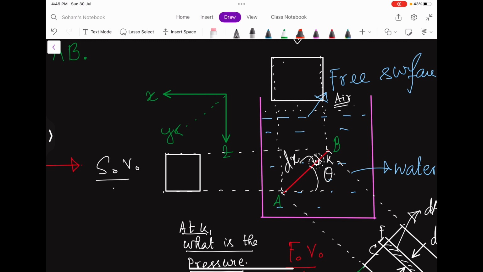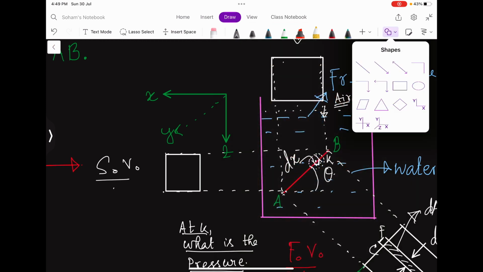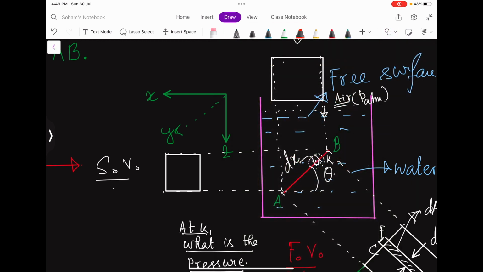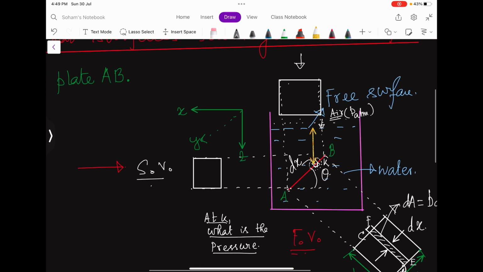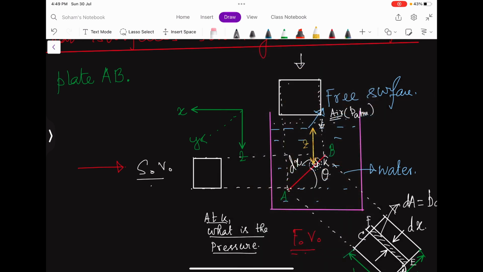So here is atmospheric pressure P atm, and that will directly impose on the water. And due to the hydrostatic law, from the free surface, the height is nothing but this height, or the depth of this point K. So let us term this as Z. Fine.